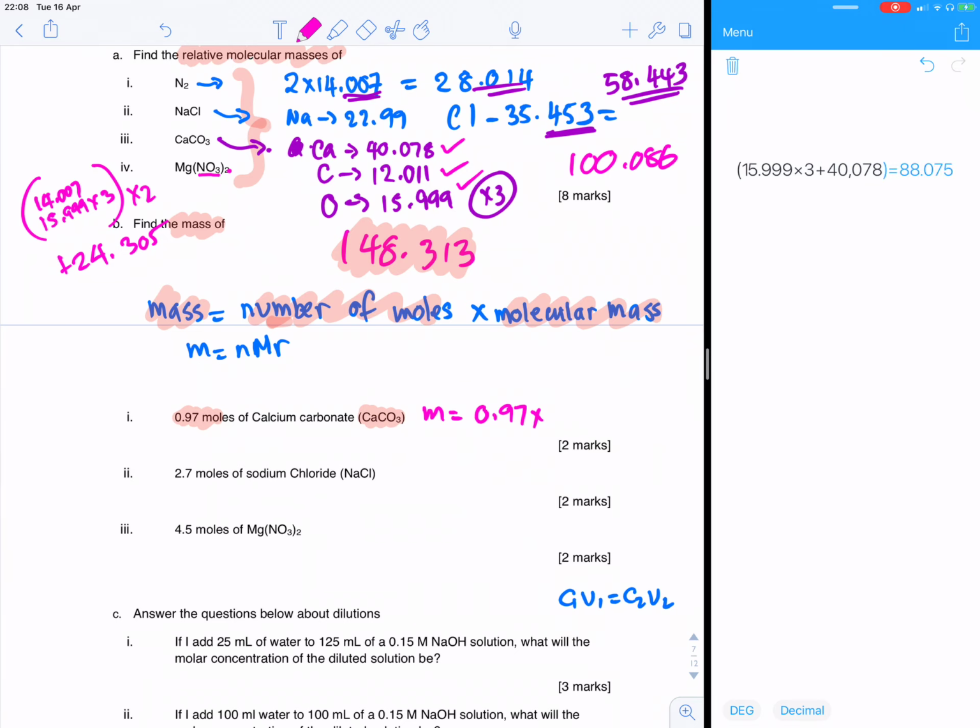So that's 40.078. So now I just need to add 1 carbon, and the carbon is plus 12.011, 100.086. Which was that one? So we've already got it here. So we just need to multiply this by 100 times 0.086.